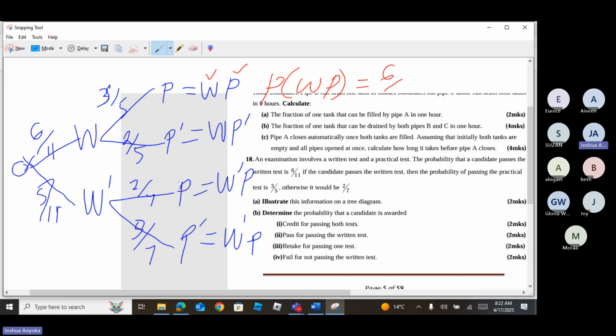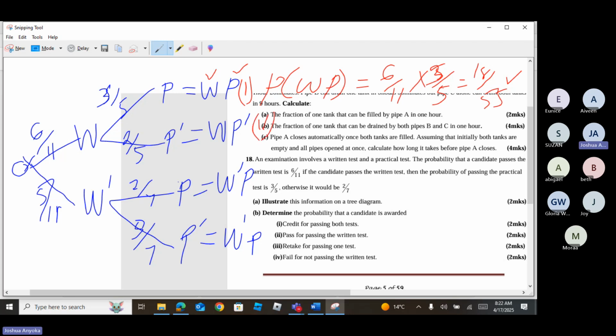So 6 over 11 times 3 over 5, which gives us 18 over 55. That should be the probability that the candidate is awarded credit for passing both tests. That's Roman 1.